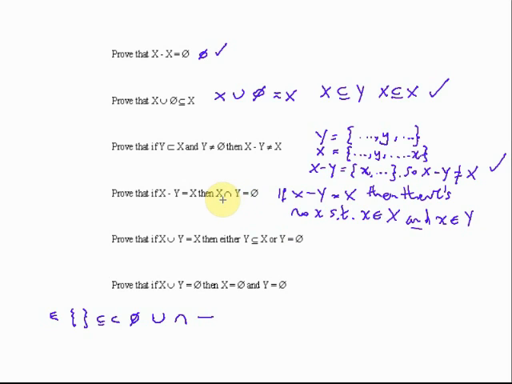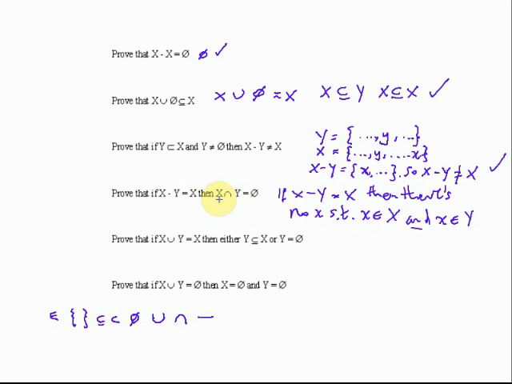Now, if that's the case, what's x intersect y? It is the set of everything that is in x and in y, but we've said that there is nothing that is in x and in y.